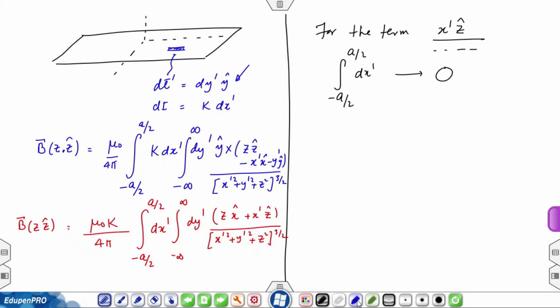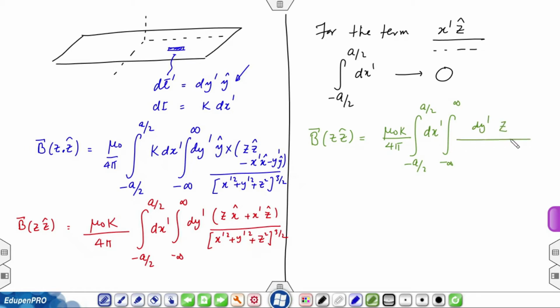Therefore, B z z is equal to mu naught k over 4 pi, integration minus a by 2 to a by 2 dx prime, minus infinity to infinity dy prime, z is there, divided by x prime square plus y prime square plus z square raised to 3 by 2.